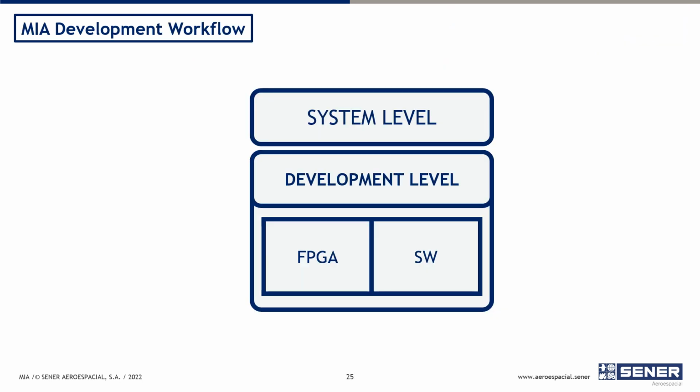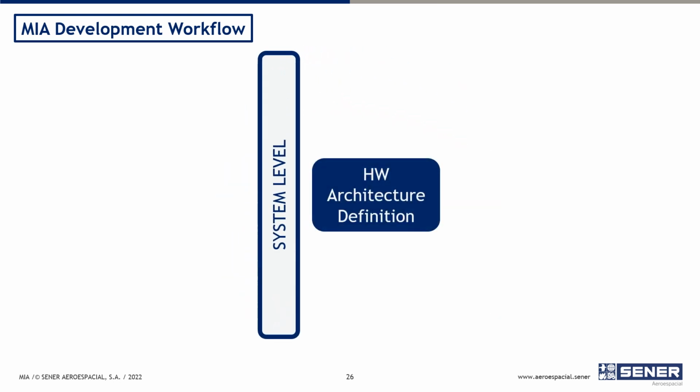Regarding the development cycle, we can distinguish two levels of abstraction: system level and development level. At the system level, the cycle starts with the definition of the hardware architecture, and then the allocation of the different functionalities to software modules or IP blocks on the FPGA.